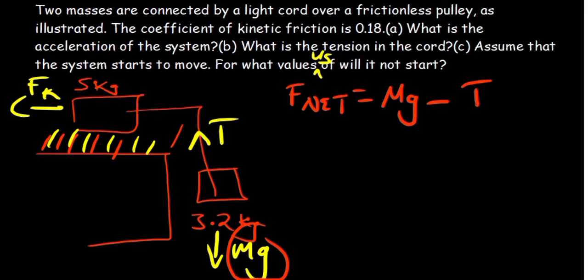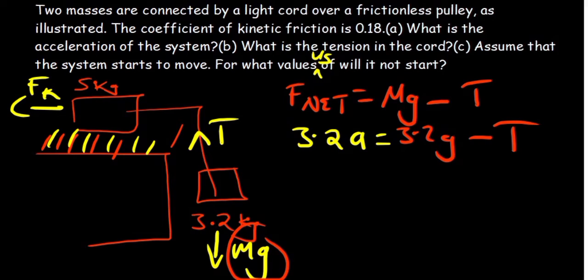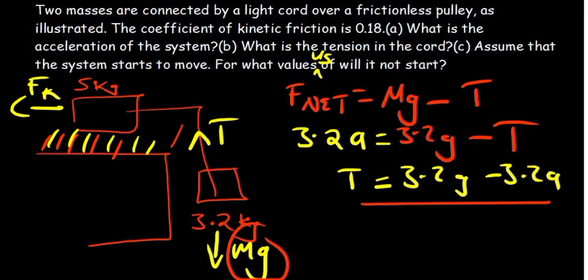The net force is the product of the mass, which is 3.2, multiplied by the acceleration, equal to 3.2g minus tension. So we can make tension the subject: T is 3.2g minus 3.2a. So we have our first relationship for the mass going downwards.